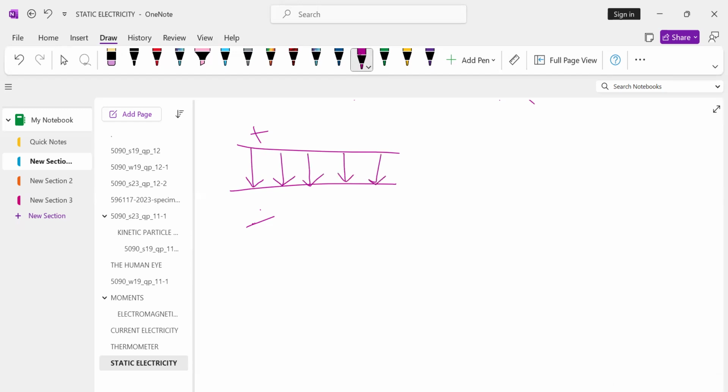So they should be equally spaced, and they should be straight. The field lines should be straight in this case, and there should be a uniform electric field. Maybe my lines won't have the same space, but your lines should have the same space as you will be drawing it on the paper.